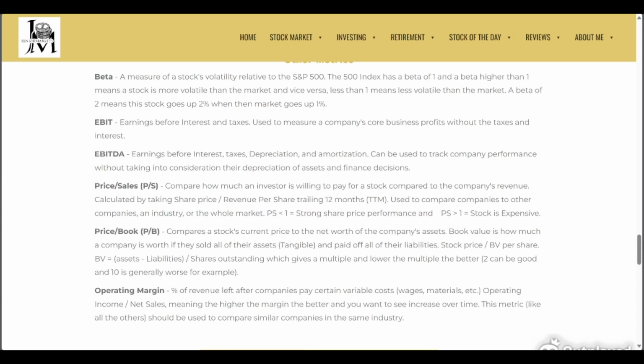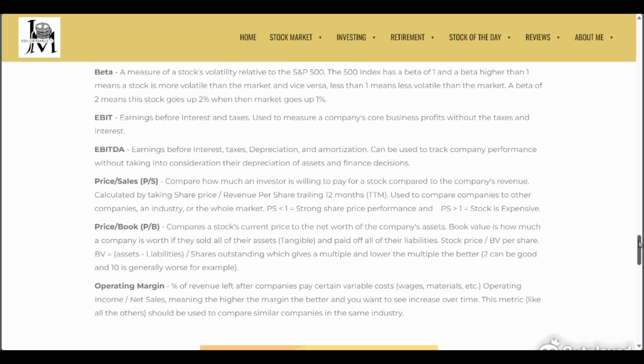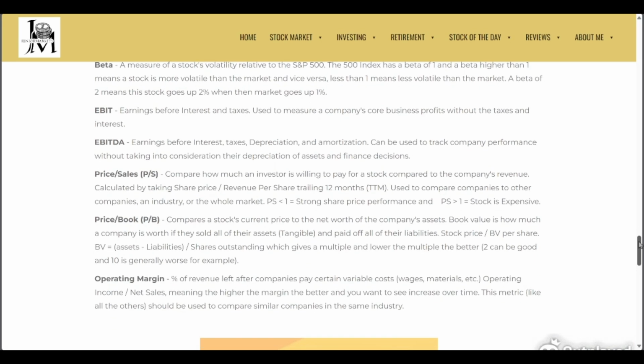It focuses purely on sales, so a low PS ratio might suggest that the stock is undervalued, or it could suggest the company is struggling to generate sales. And a high PS ratio, which is above, say, 3 or 4, could indicate that a stock is overvalued or that investors expect future growth in revenue. We'll look more at that when we go to the company comparison.